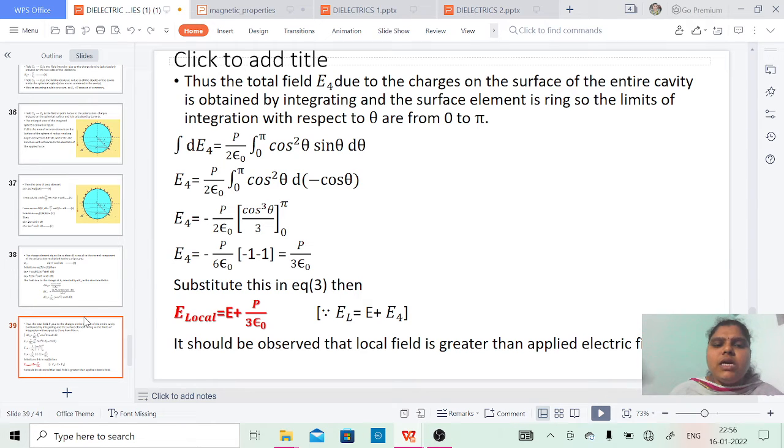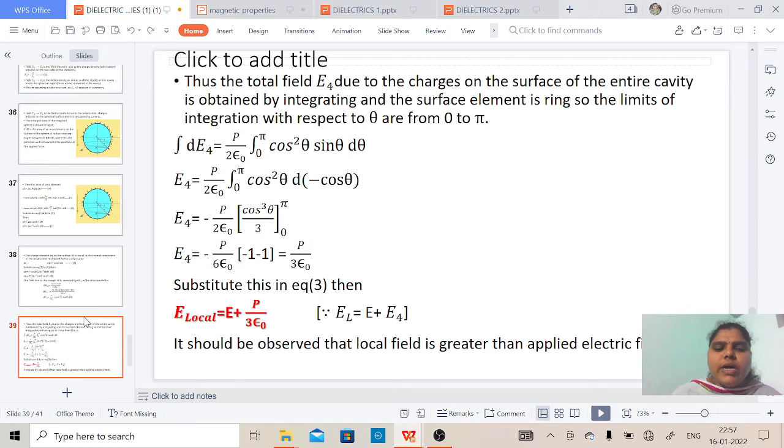So integral of dE4 equals, we are integrating the field E4. Now the term becomes minus P by 2 epsilon naught into minus cos cube theta by 3, from 0 to pi.